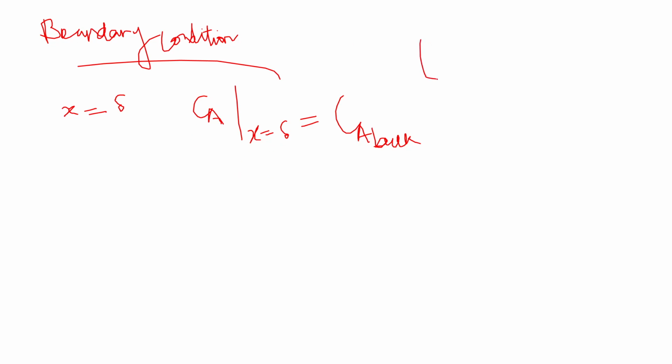So obviously you have an electrode and you have an electrolyte. We wrote the condition at x equal to delta. Now the next condition can be written at x equal to 0. So what is happening at x equal to 0? You have A forming B at the interface.